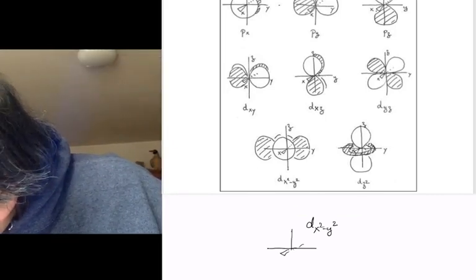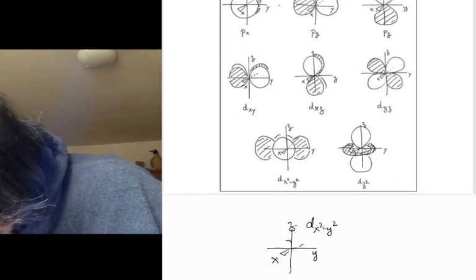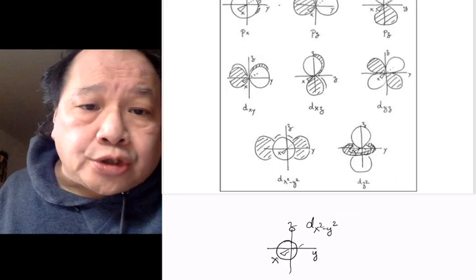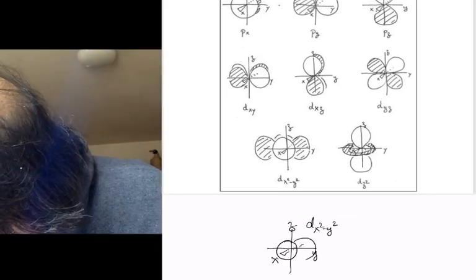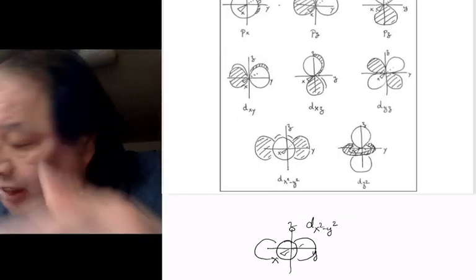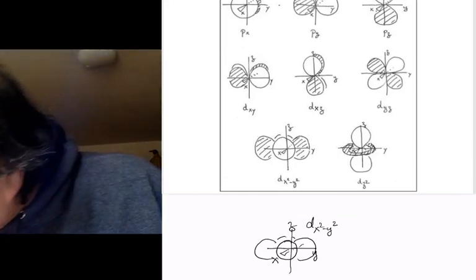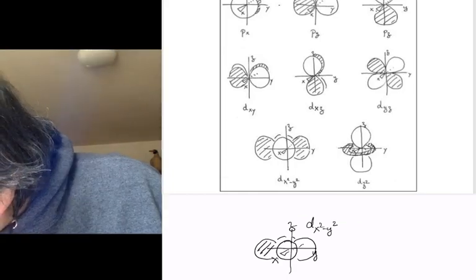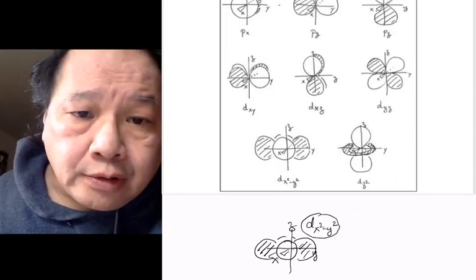So here's the x-axis, the y-axis, and the z-axis, and it's coming straight along the x-axis. We show it again as a circle. Then we eclipse behind it along the y-axis are these 2 more lobes, and then eclipsed behind everything is this last one. We shade alternate directions, striped, and that is the dx squared minus y squared.